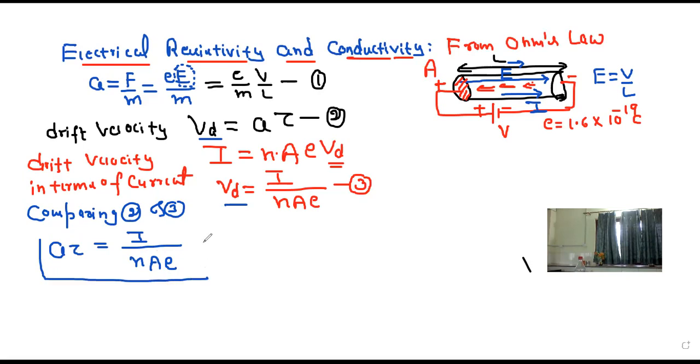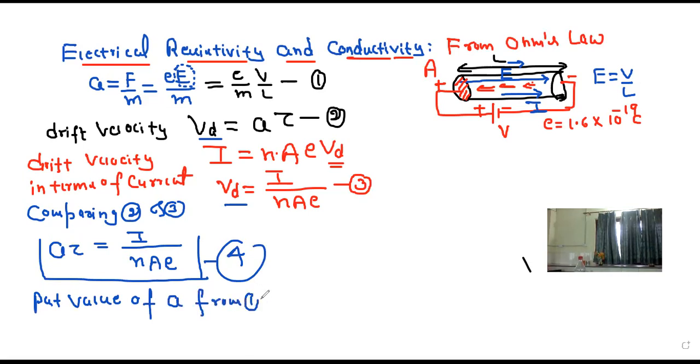Let me call this my equation number 4. Now put the value of acceleration from equation 1 into equation 4. So what I get: (e/M)(V/L) into tau is equal to I upon n A e.